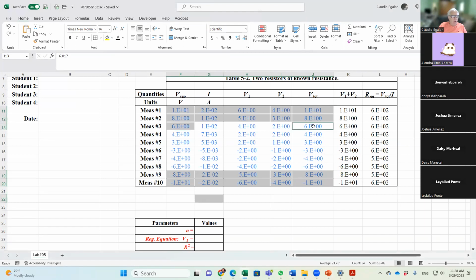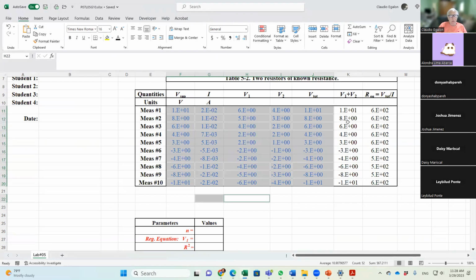Take the total voltage, positive and negative. V1 positive, V1 negative, V2 positive, V2 negative. Current positive, current negative. I forgot to highlight this one. And so on, until you get to the minimum voltage that you can get, until you complete everything here.